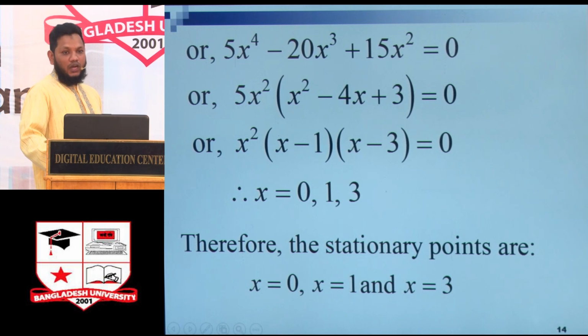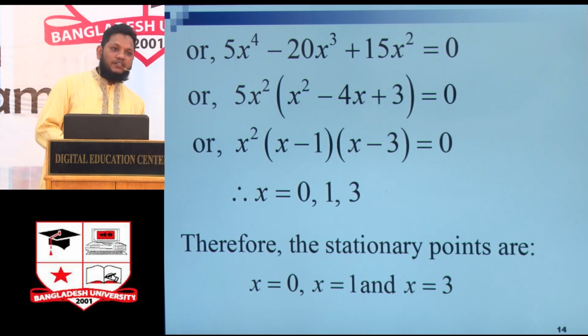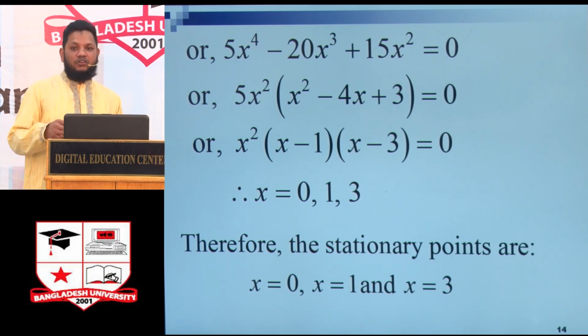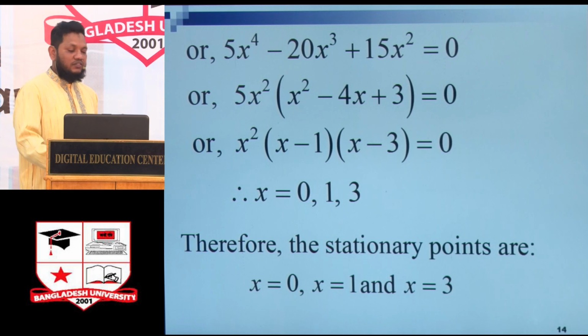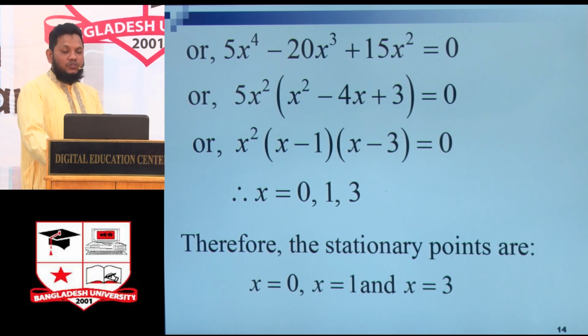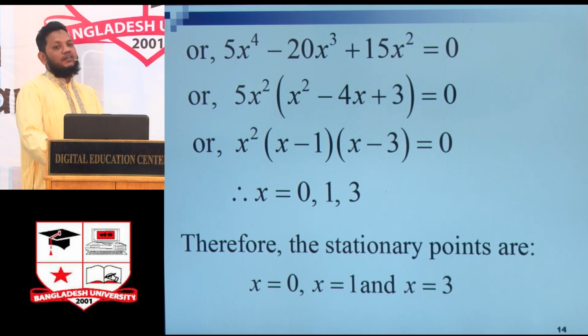Now, if we consider x equal to 0, and take the left side of 0, that is minus 1, and the right side of 0 is 1. But 1 will be another stationary point. So at any stationary point, we cannot decide whether the point is a maximum value or a minimum value. So we have to take a point adjacent to the critical point.